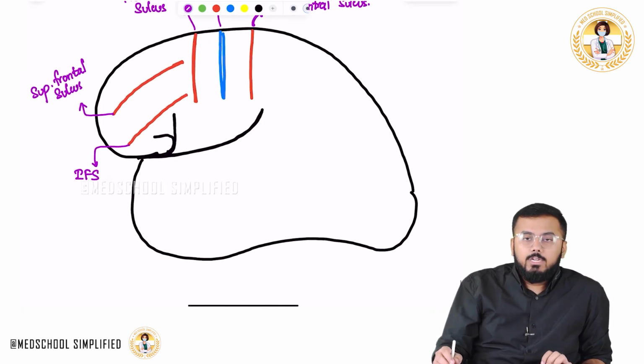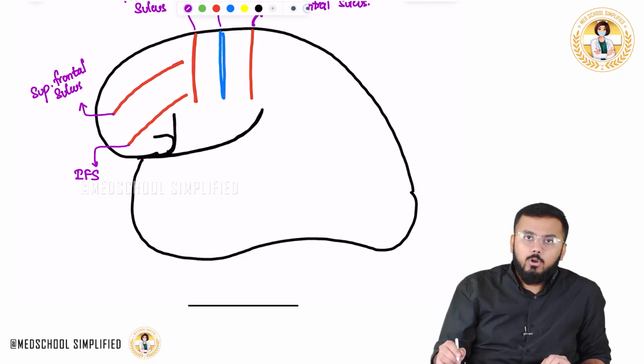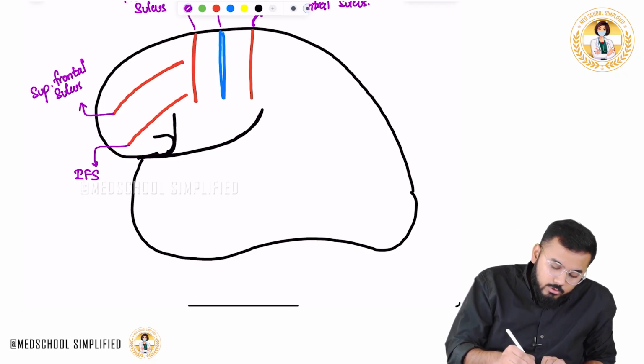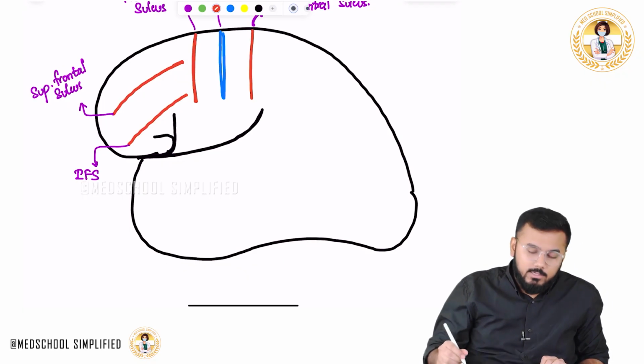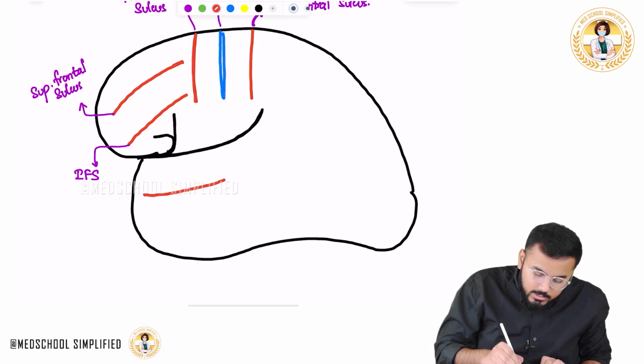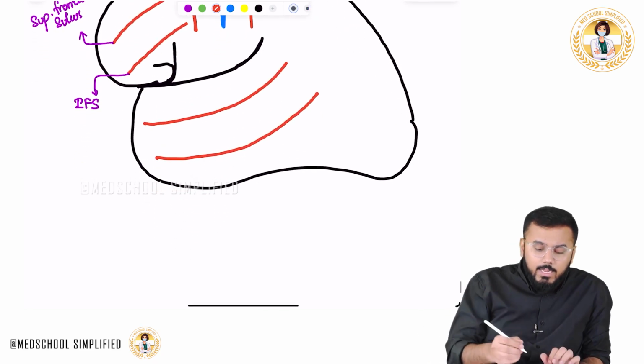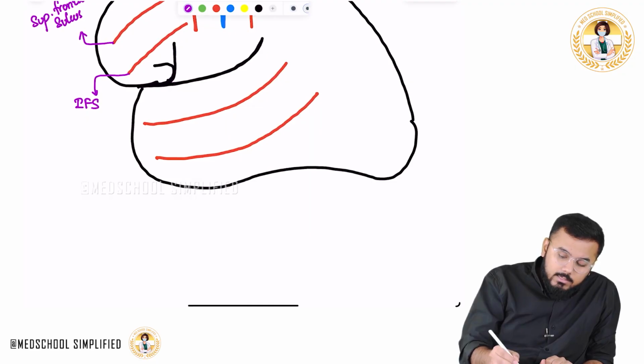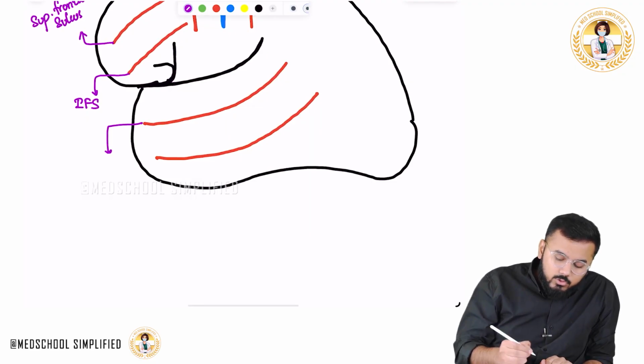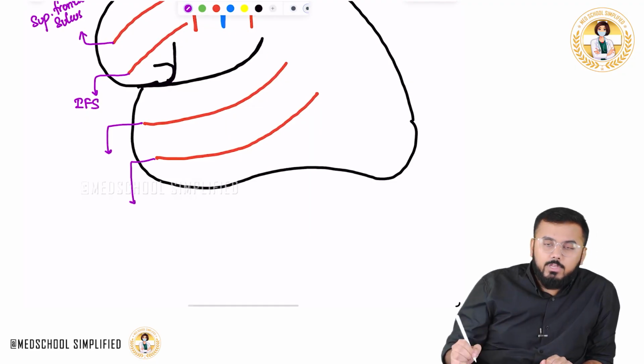Next, let us enter the temporal lobe. In the temporal lobe also, you have two important sulci. There is one sulcus going all the way like this, and another sulcus just behind it. Now you will name them.